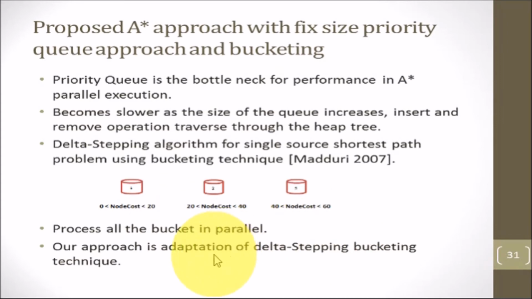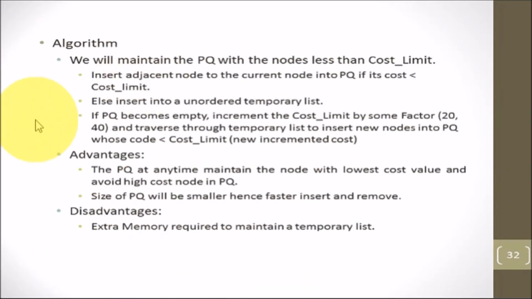So we can take a small technique from this and use it in our priority queue. Our approach is an adaptation of the delta stepping algorithm technique. What we do is we just maintain a priority queue with the nodes less than a cost limit.